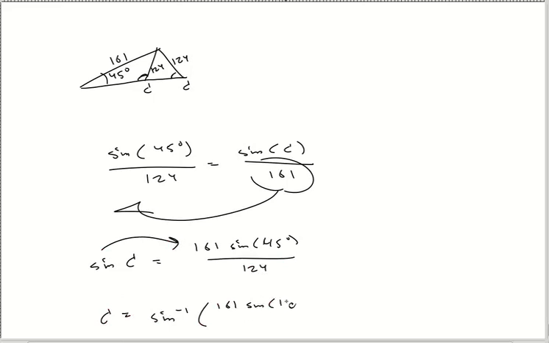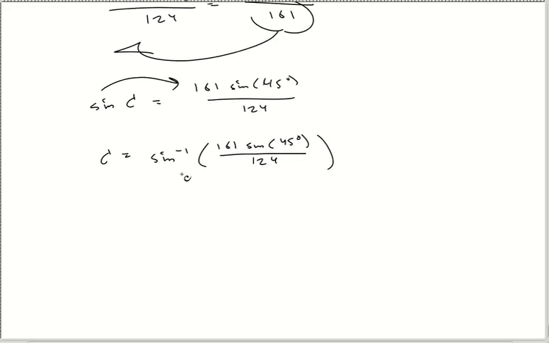I don't know if that's canceling them or just moving it over. I've always said move it over, but technically it's a cancel on both sides. Whatever. Put this in, and I got 66.6496 degrees.